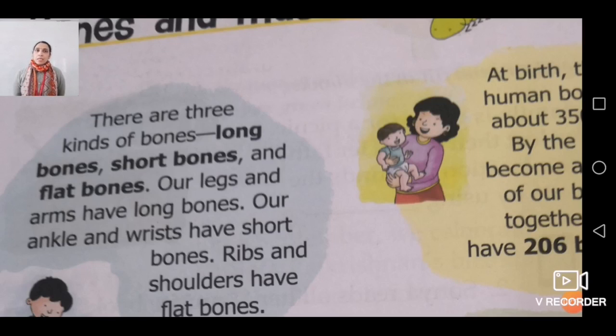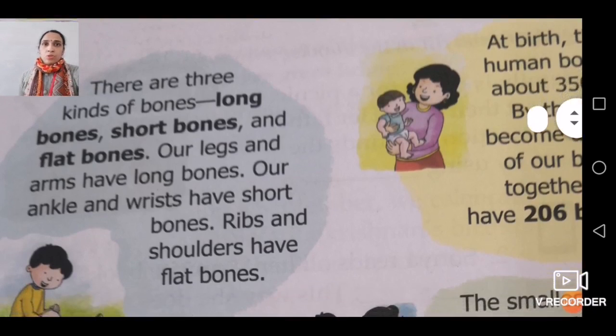Our ankle and wrist have short bones. So I'll show you that there are three kinds of bones. First, long bones. Then second, short bones, and flat bones. These three kinds of bones you have to remember. And here in your book it is written in bold also: long bones, short bones and flat bones.